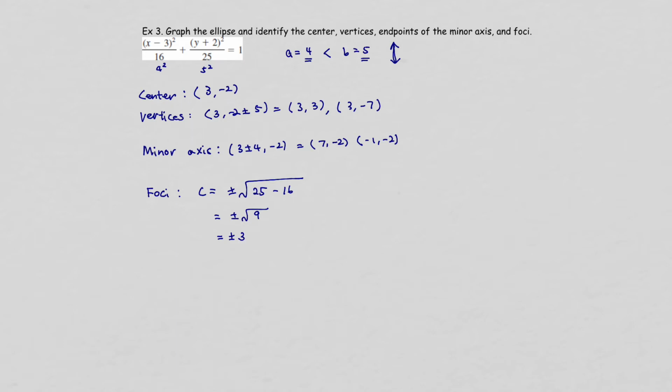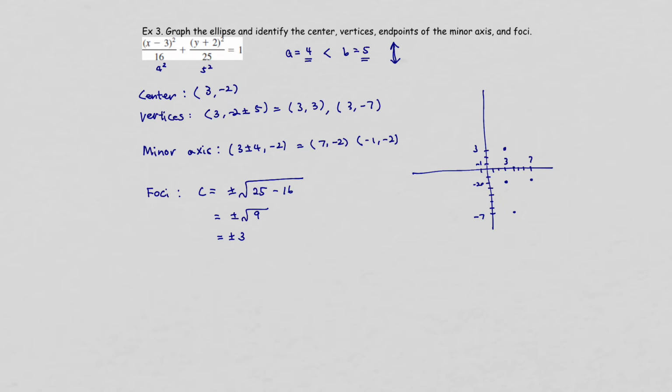So when you graph it, your center point on the graph is going to be 3 and -2, and go up to 3 and 3, down to 3 and -7, sideways to 7 and -2, and -1 and -2.